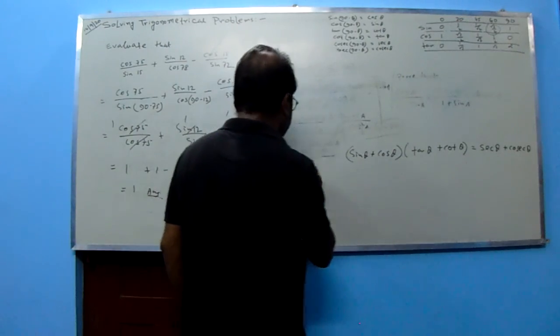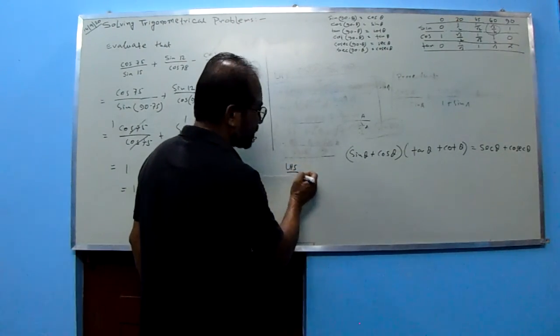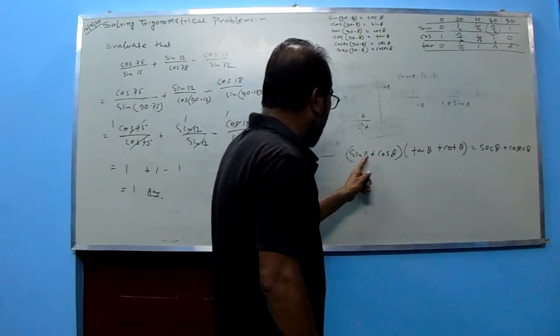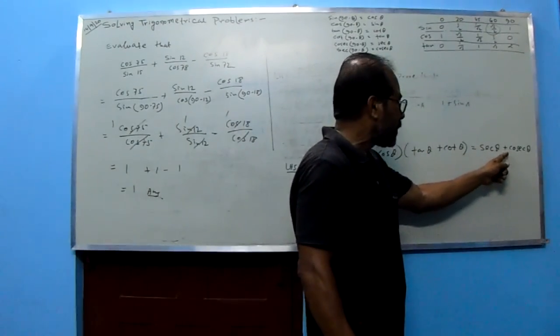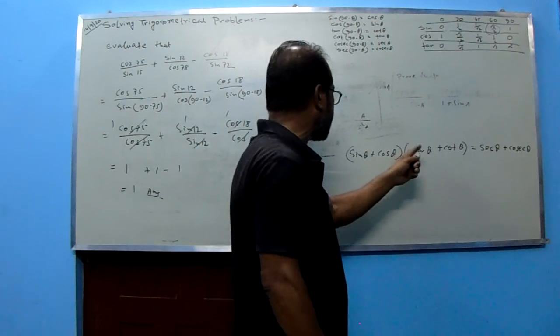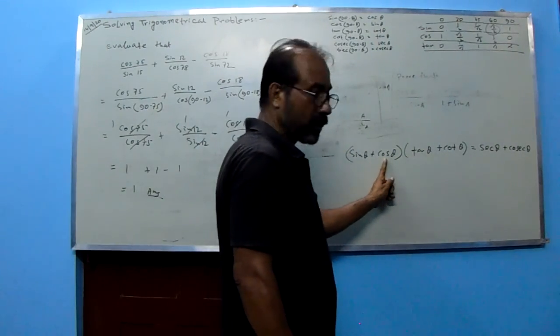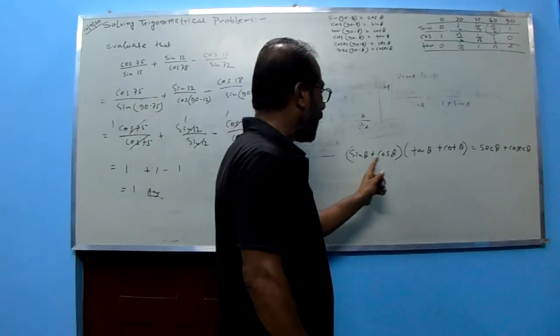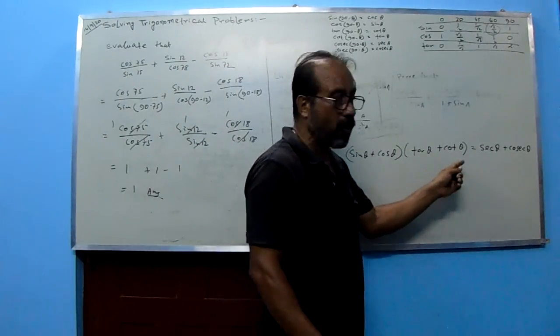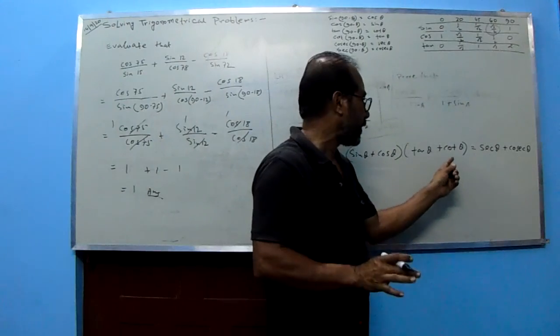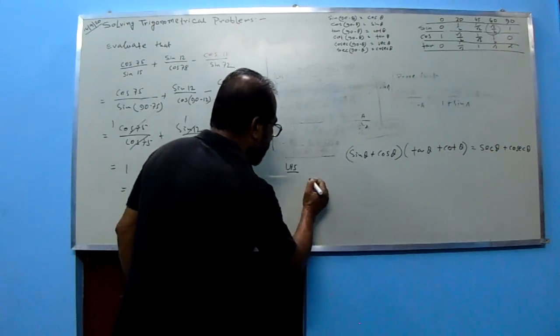So LHS: sin, cos here, and sec, cosec on the other side. Your thinking should be that sec is the reciprocal of cos, and cosec is the reciprocal of sin. So tan and cot are to be operated first. How can it be?